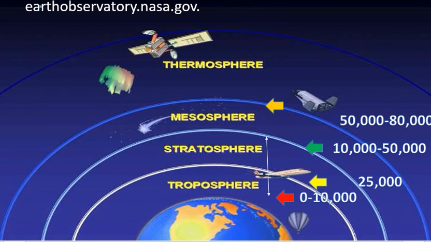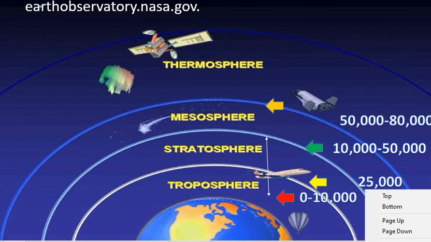As you can see, the ozone layer is a thin compressed group of ozone molecules. Okay, and right now there's a hole in it. A hole. Yeah.